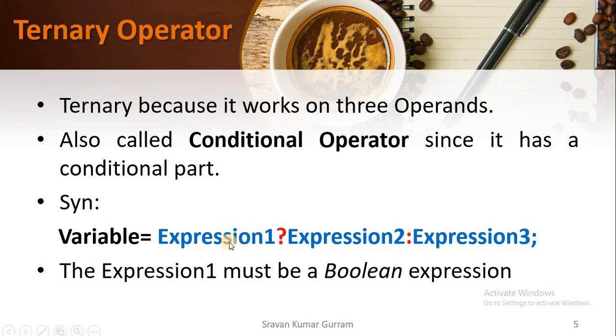If the Boolean expression returns false, the expression 3 or operand 3 value will be assigned to the variable. This is how the ternary operator is executed.